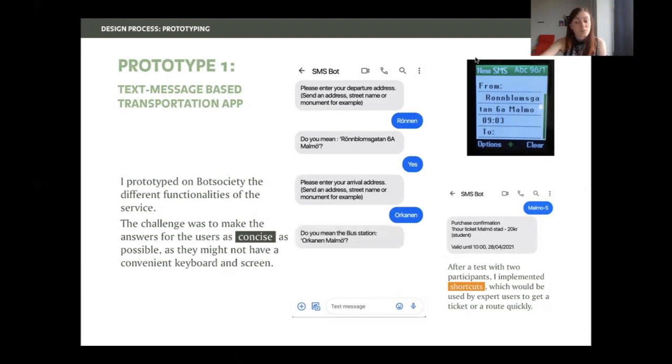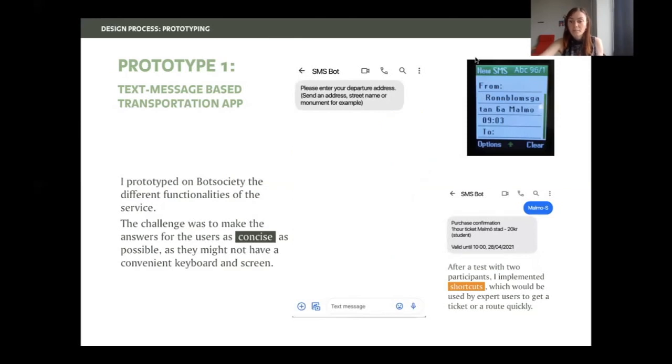I tested it with two participants, who had the great idea to implement shortcuts, which are a string of characters for people who already know what they want in the service, so they don't have to go through all the conversation before, for example, getting tickets.